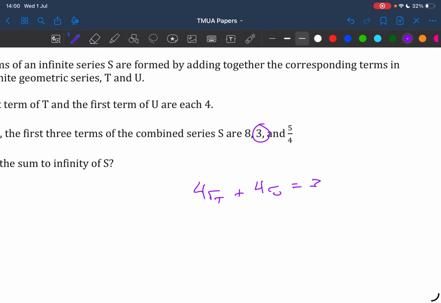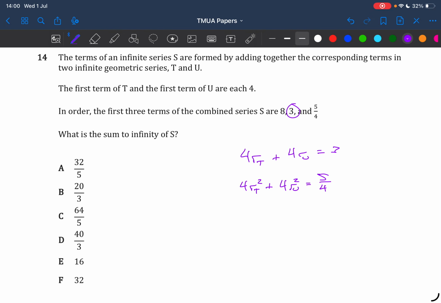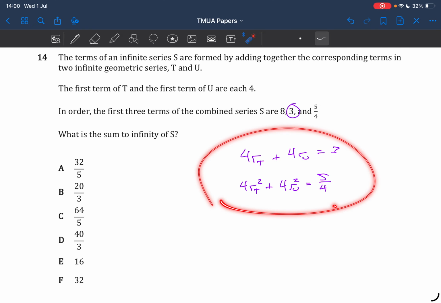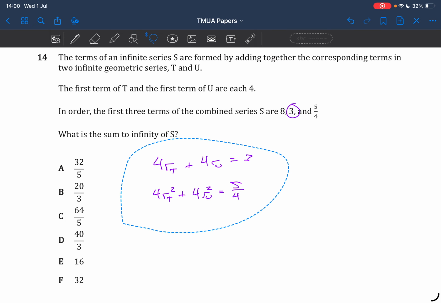Very similar thing now, but with the third term in the sequence. 4 times the common ratio of T squared plus the version for U is going to equal 5 on 4. Divide everything by 4, make it a bit nicer.